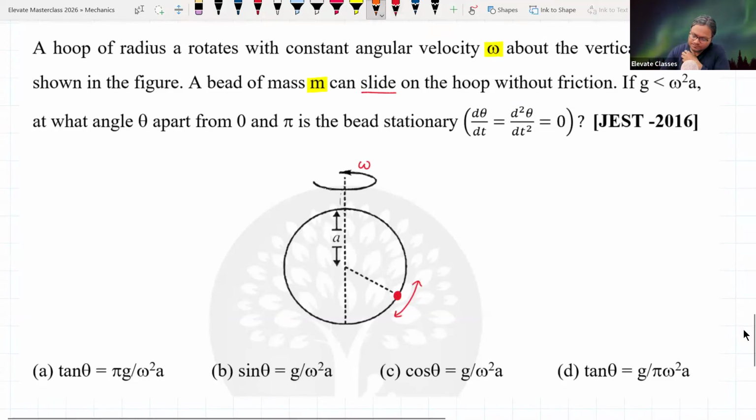So this is the angle. I am giving you the information, okay? It's part of the question. What angle theta apart from 0 and pi is the bead stationary?